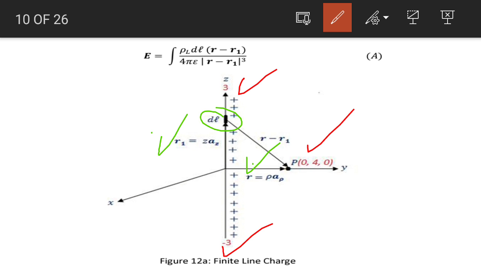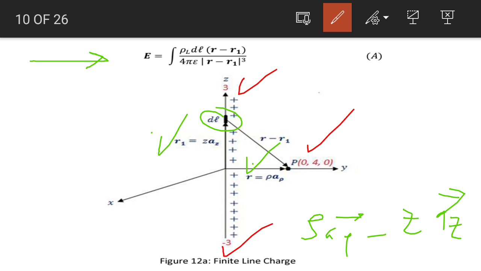So definitely r minus r1 will be equal to rho a rho minus z a z, right? So this will be the distance vector extending from the small portion of the source to the point under observation. Anyhow, we calculate the electric field intensity at the point under observation due to the line charge with the help of equation number A.